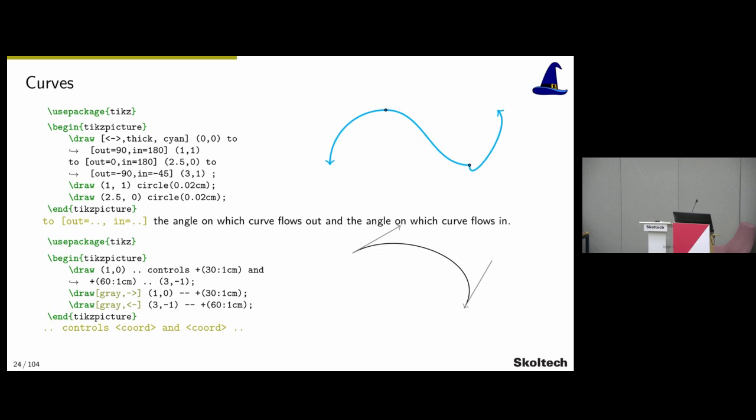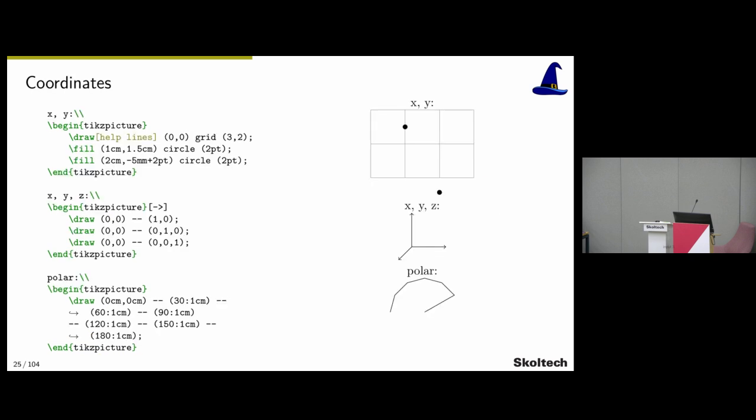Is it understandable? Okay. Other sweet tricks. So the first trick is that you can easily draw a coordinate mesh. You need to use command draw with parameters help lines, coordinates of the grid, and it will fill the grid with help lines. The second part is that we can use 3D coordinates.